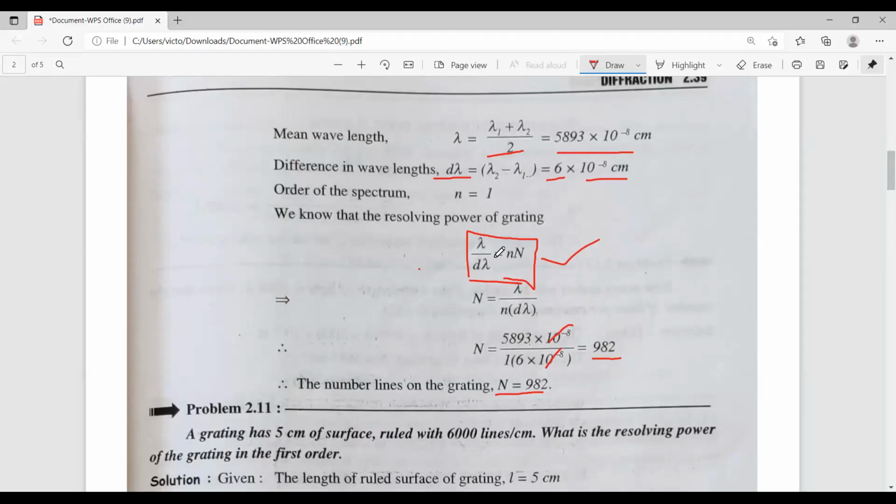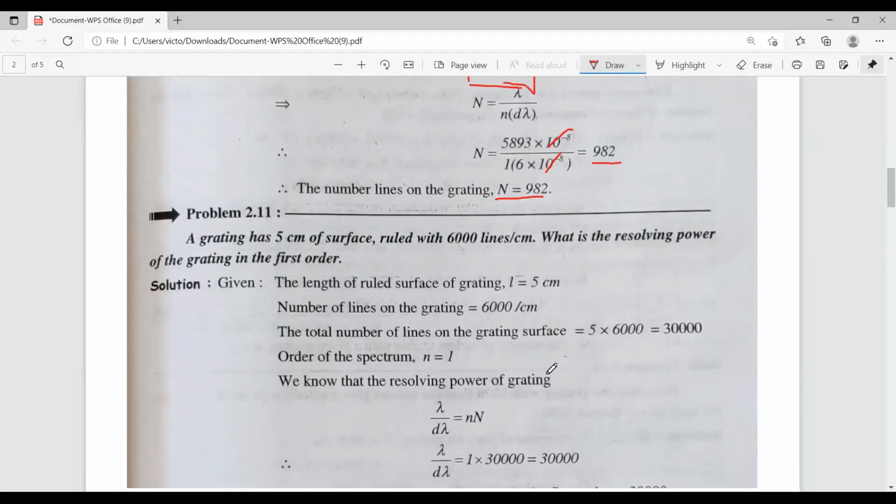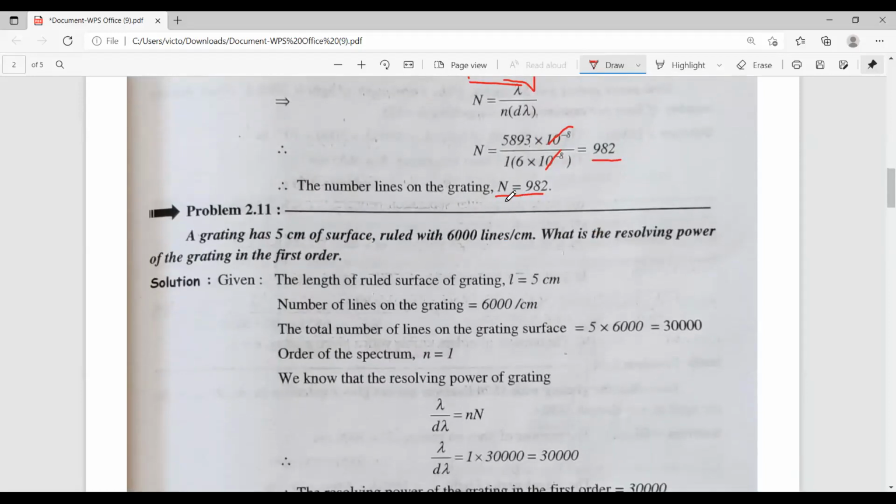And d lambda is the difference between the two wavelengths, lambda 2 minus lambda 1, that is 6 into 10 power minus 8 centimeters. Now lambda value, d lambda value and n value are substituted in this formula. We get the number of lines on the grating, capital N, equal to 982 lines.